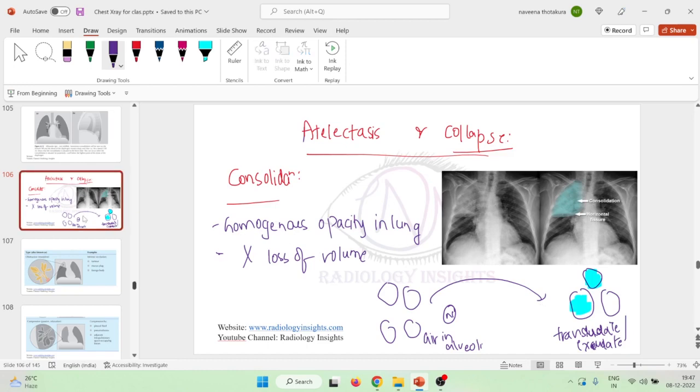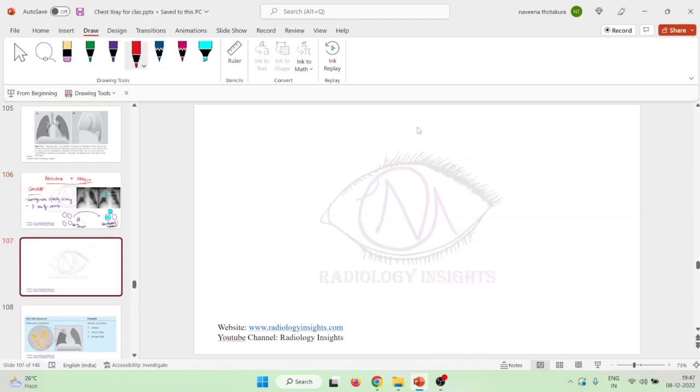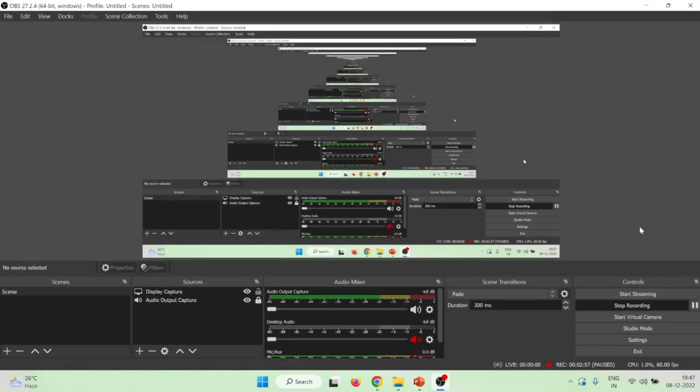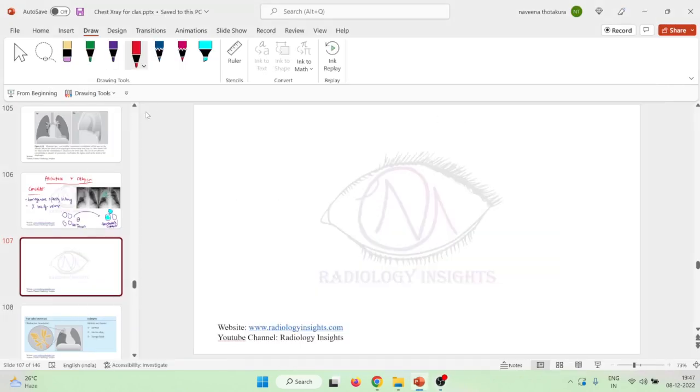Then, what is atelectasis? Atelectasis is also called collapse. Atelectasis and collapse are just synonyms of each other. Atelectasis is nothing but collapse.